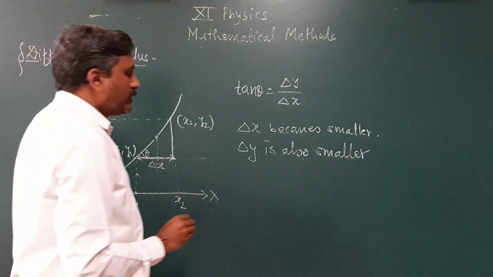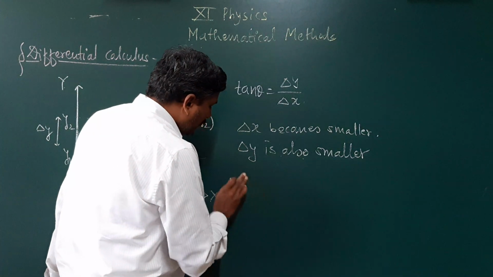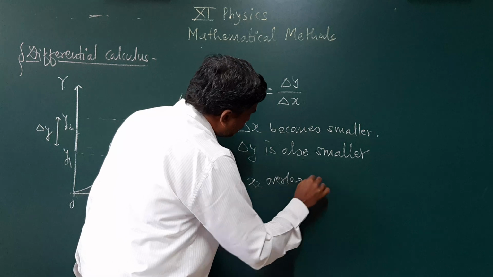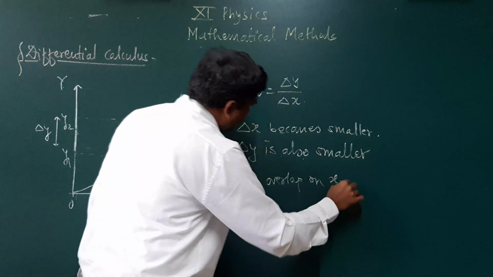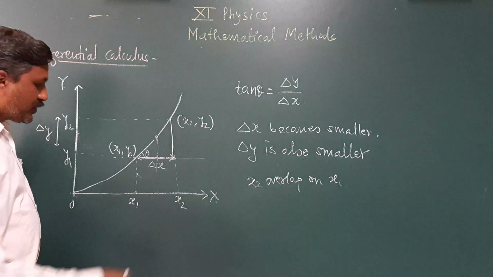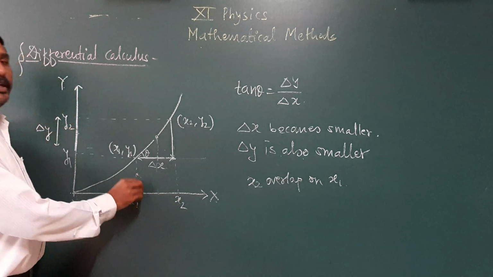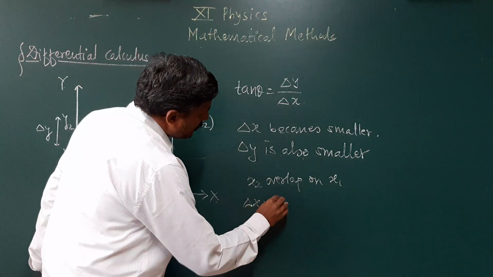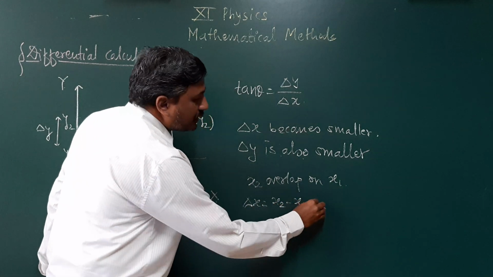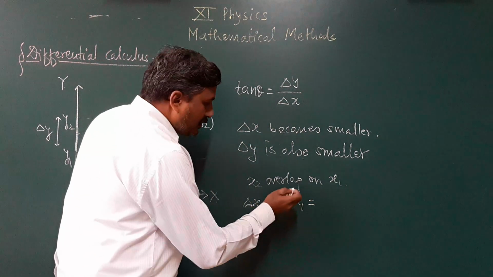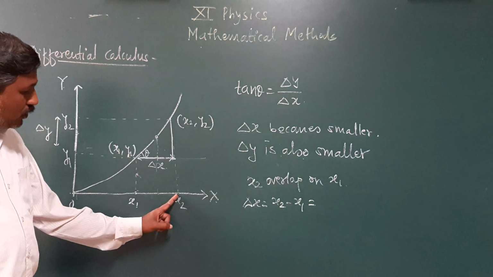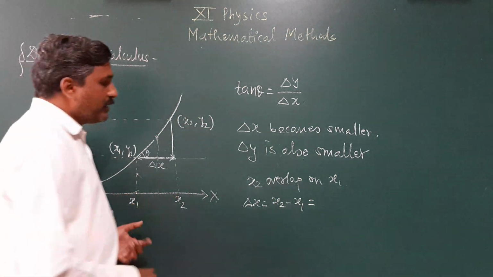Suppose at one stage x2 overlaps on x1. Then what happens? Then delta x becomes x2 minus x1. This is my delta x. x2 overlapping on x1 means x2 takes the value of x1.